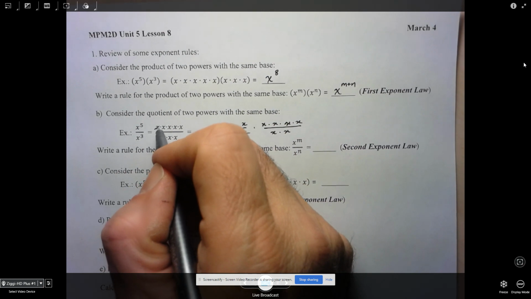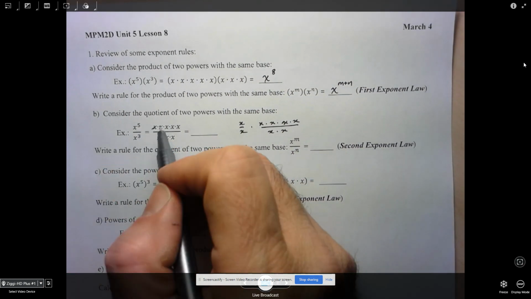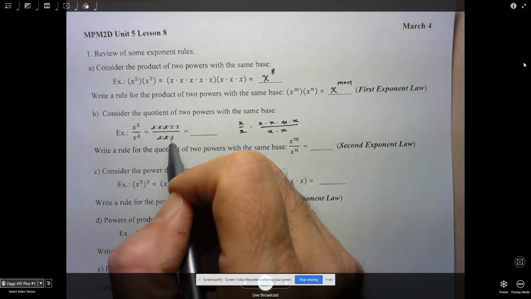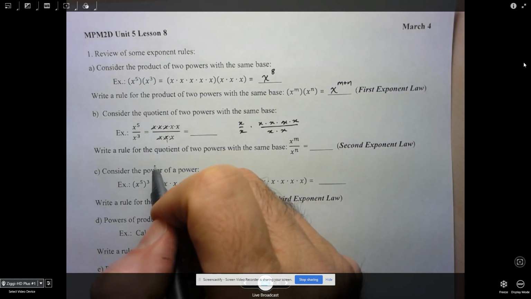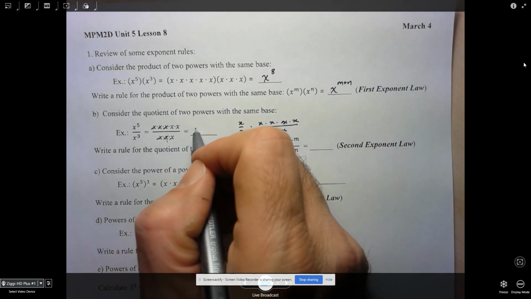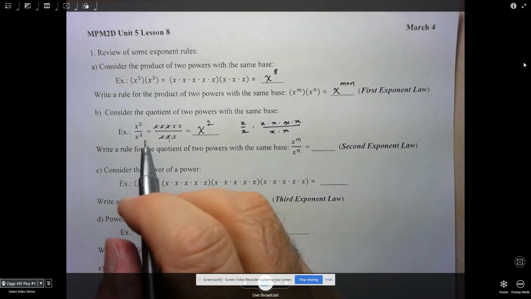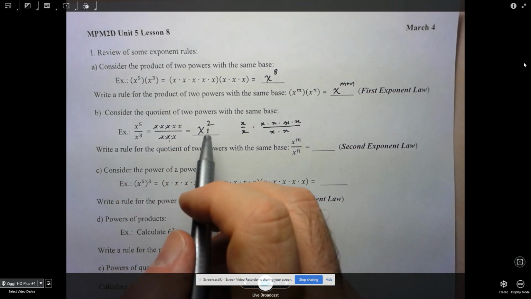So we can reduce common factors in the numerator and denominator. So I can reduce those x's, and I can reduce these x's, and all I'm left with is 1 in the denominator, and in the numerator I'm just left with 1 times x times x, which is x squared, which leads us to our rule for the quotient of two powers with the same base, is we notice that we just subtract the exponents.